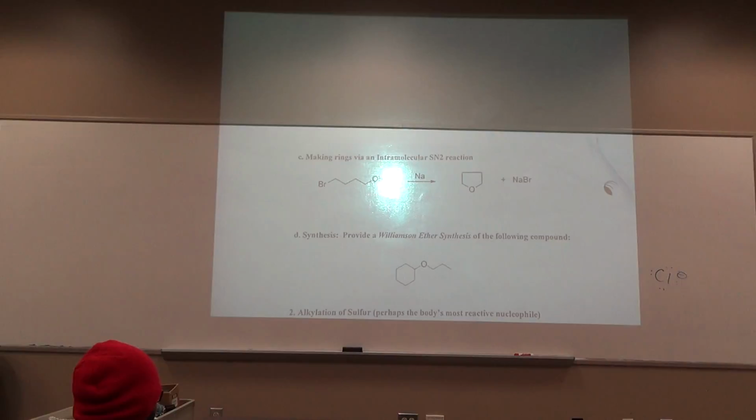What are the components of Williamson ether synthesis? Start with the alcohol. Could be a phenol, which is a special type of alcohol. Generate the alkoxide or the phenoxide using the appropriate reagent. And then you bring in an alkyl portion, and that alkyl portion has what on it? A leaving group.